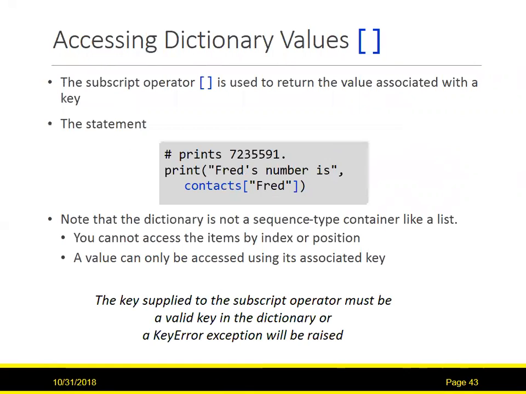Okay, so how you get out a value from a dictionary is similar to how you get out the value in a list. But instead of the index of the value you want, you use the word or the key associated with it. So here we have the contacts dictionary. We use square brackets, and then the key for the value that we want to take out.